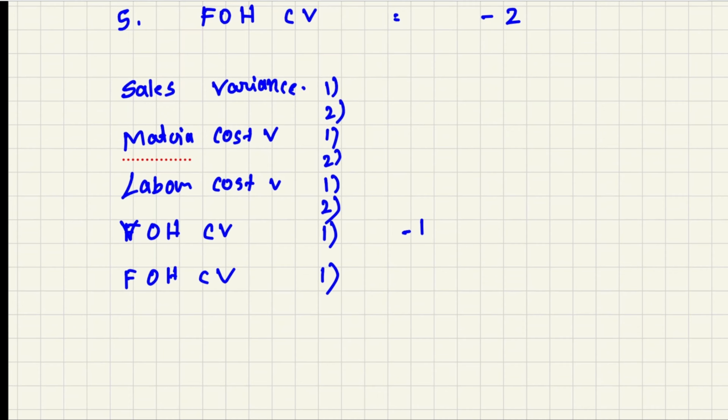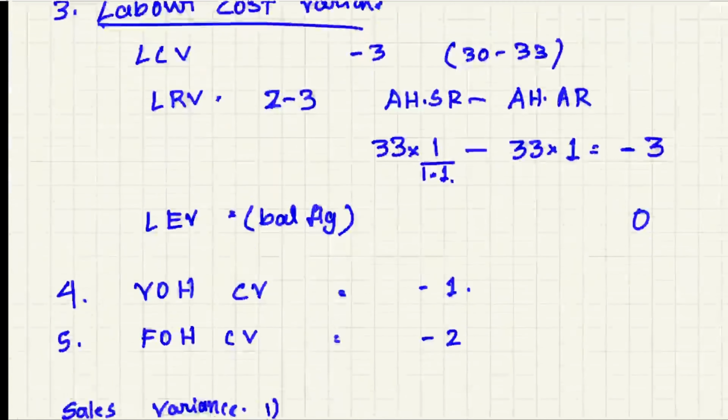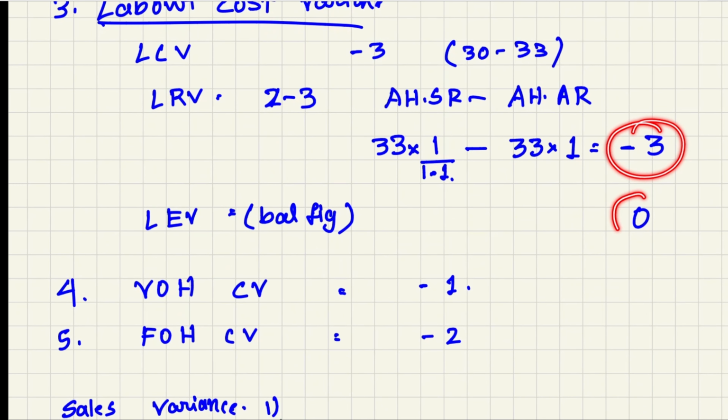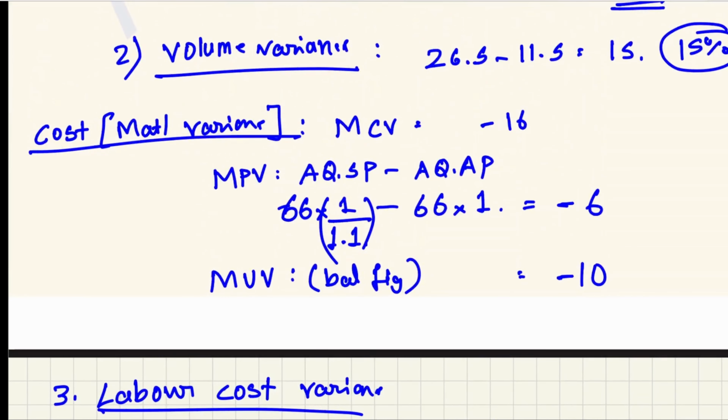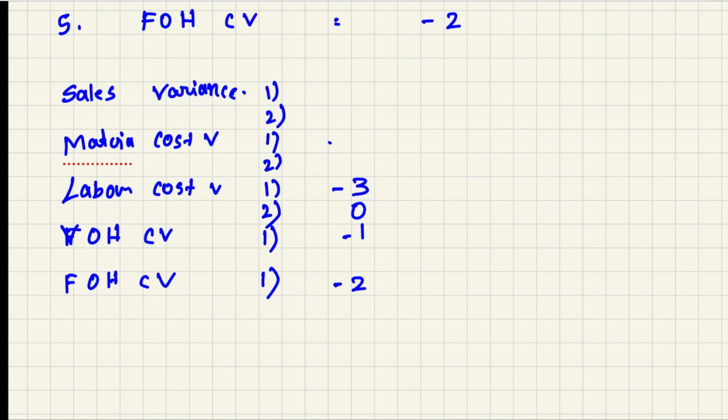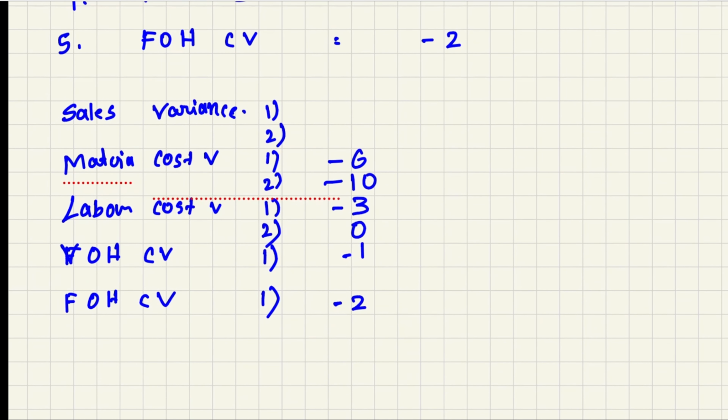So this is -1, this is -2, then labor -3 and 0. Sub variances we have to take -3 and 0, or you can also take the total. Instead of 2 lines you can also take the total. So -3 and 0, then cost sub variances are -6 and -10, then sales value variances you have 11.5 and 15. Now when we total this, I will get 4.5.